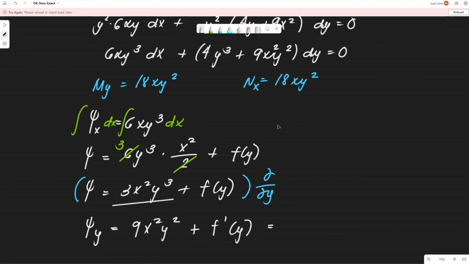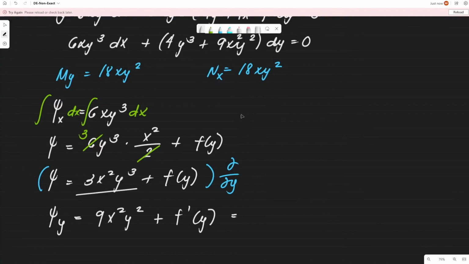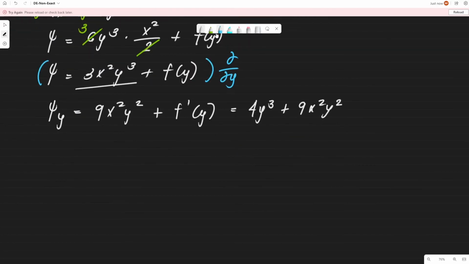That is 4y cubed plus 9x squared y squared. With this, makakancel si 9x squared y squared. Maiiwan si 4y cubed. So yes, sa wakas, hindi na 0 ang ating f prime of y. So we have f prime of y is equal to 4y cubed.